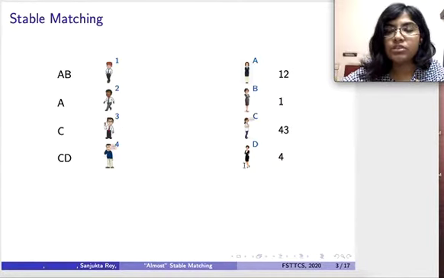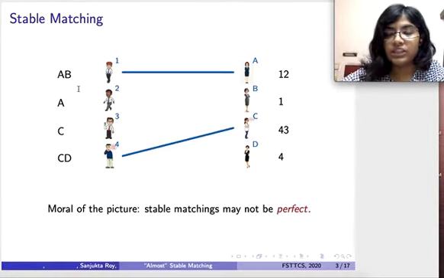This could be an example of such a preference profile, where agent 1 only ranks A and B. That means he would prefer to remain unmatched rather than getting matched to anyone other than A or B. A is his first preference and B is his second, that is, the last preference. If I have such a preference list, then this is the stable matching here. And as you can see, half of the agents here are actually unmatched.